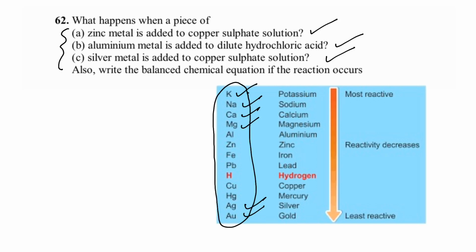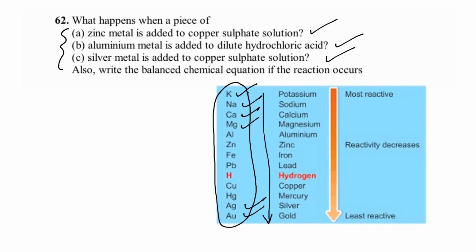As we move down, the reactivity of the metal decreases. And what is the basic idea of displacement reaction? A highly reactive metal displaces a low reactive metal from its compound.